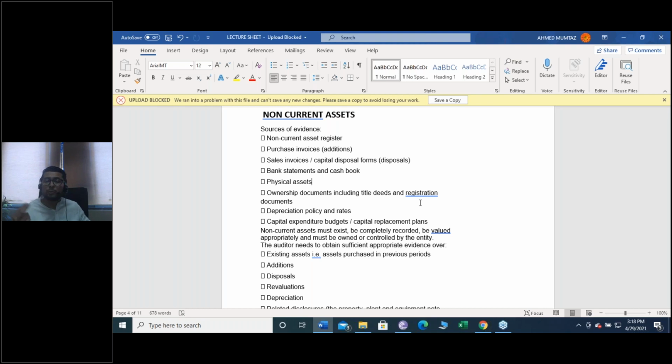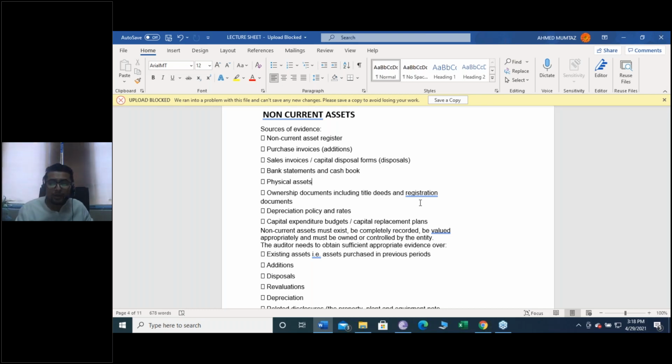Maybe there are certain disposals, so I would like to inspect the sales invoices as well. Whether it's a purchase or a disposal, the bank statement and cash book are relevant. If there are certain assets in the non-current asset register, I need to verify whether those assets are present on the premises as well.